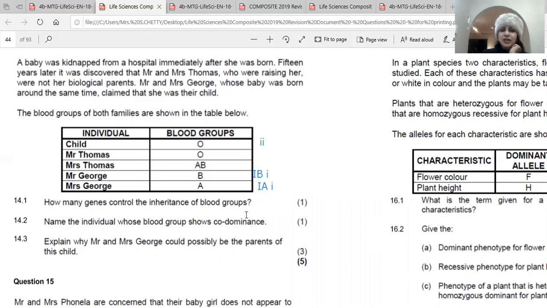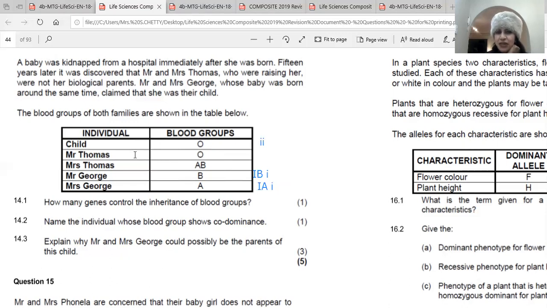So here we've got the child who's ii, blood group O. Mr. Thomas is also ii. Mrs. Thomas is AB. Now you would see that there's no possibility of Mr. and Mrs. Thomas being the parents. How come, my darlings?